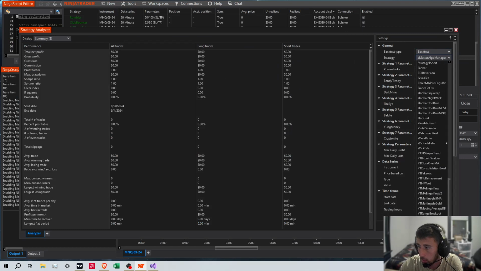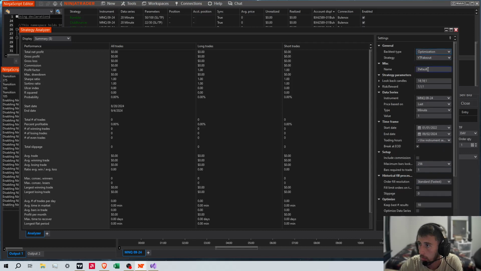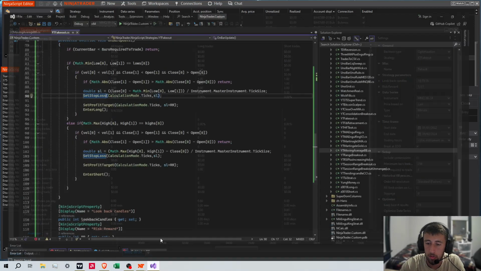So let's pull up the Fakeout optimization. Let's do 15 to 75, incrementing by 15, and then let's change this real quick to a double.